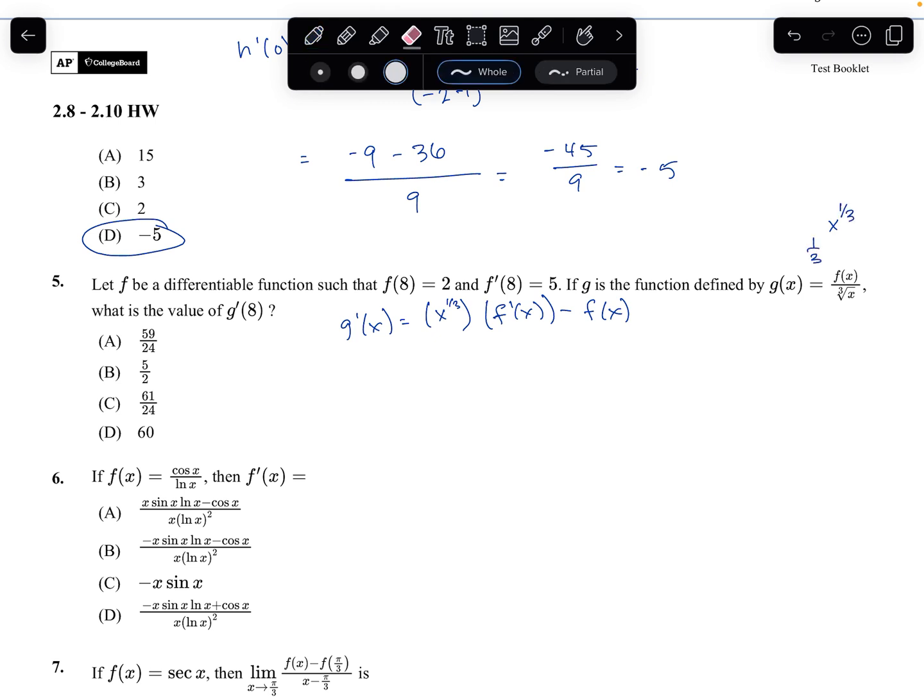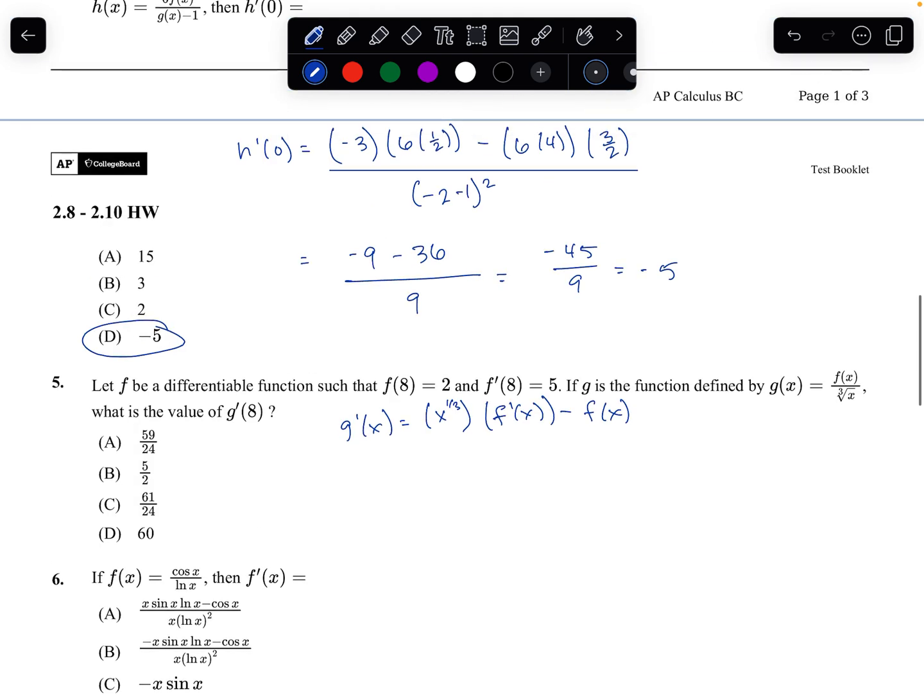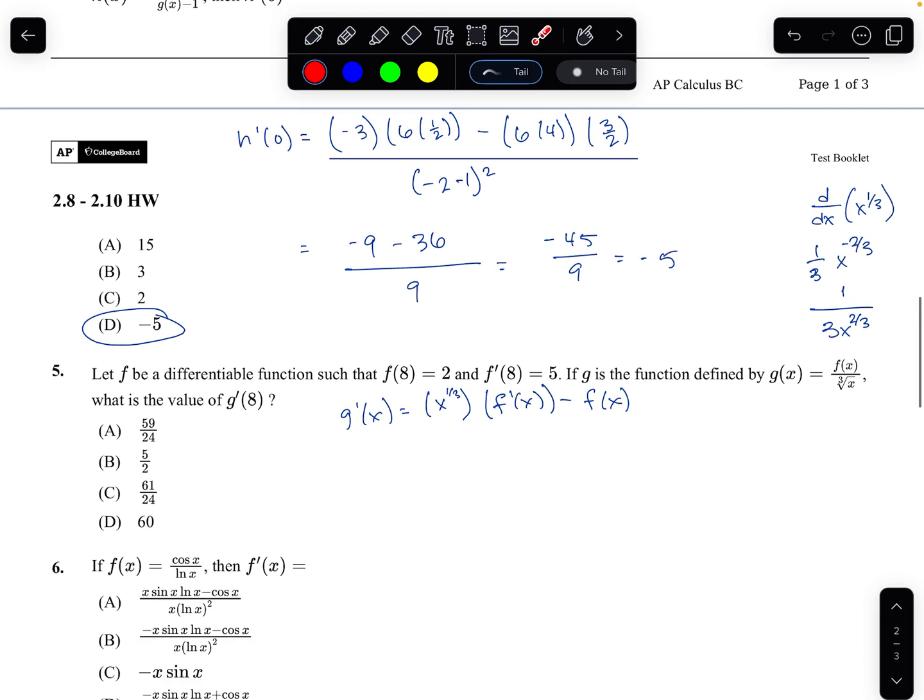I'm going to write this a little bit further up. So d dx of x to the 1/3, that's going to be 1 over 3 x to the negative 2/3, and that could be written as 1 over 3 x to the 2/3. So now I need to remind myself where it was. So I did low d high minus high d low, and that's the derivative of that.